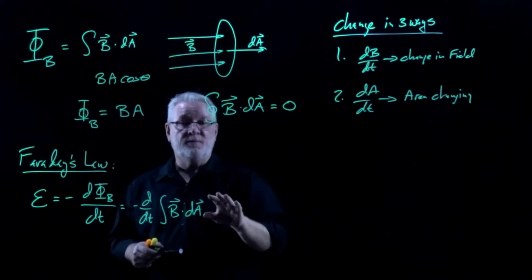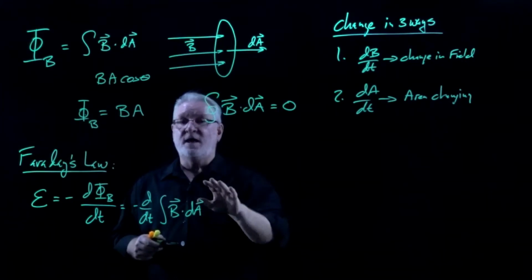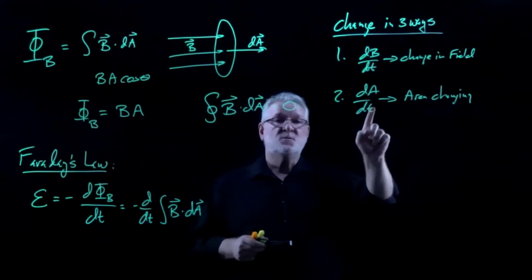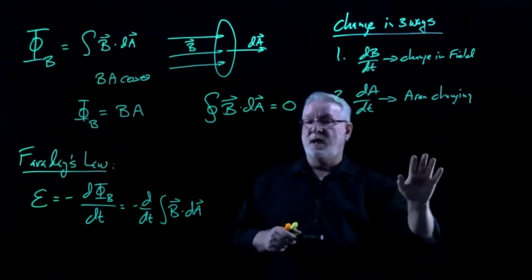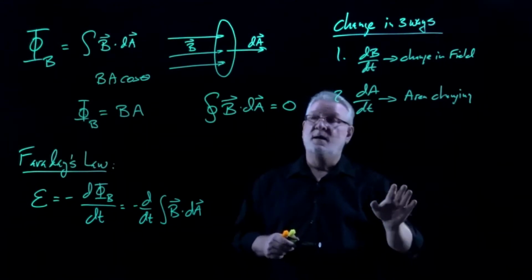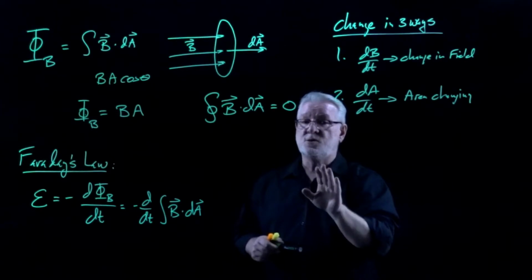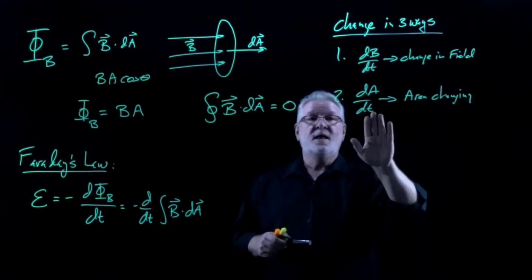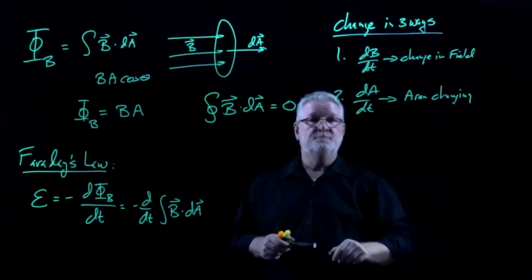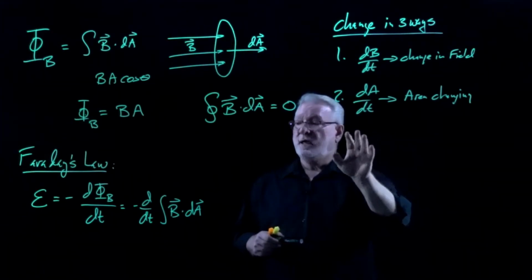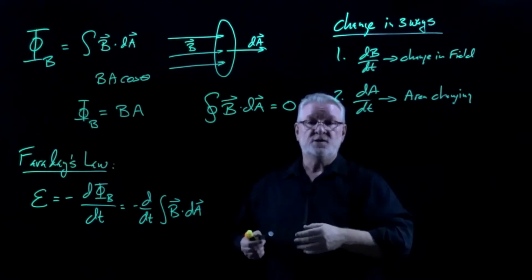That doesn't change the field magnitude, it changes the amount of the area that's being impacted, and that's what this represents. Basically, dA/dt would be a change in the area that the field is impacting. It wouldn't change the angle, it wouldn't change the magnitude of the field, it would just change the rate at which the area is being exposed to the field. This is a really common way in which Faraday's law generates current.